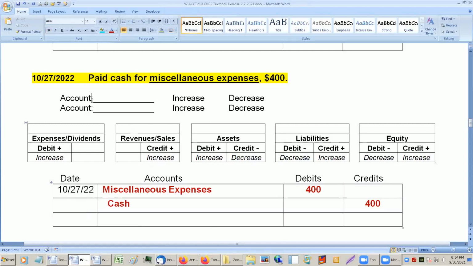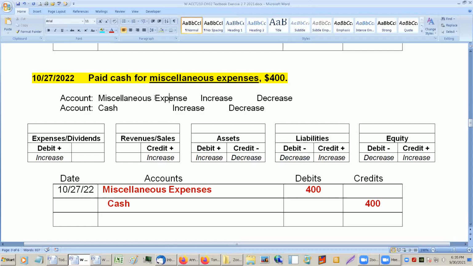Okay, now here, abbreviate this one. Oh, that's not right.